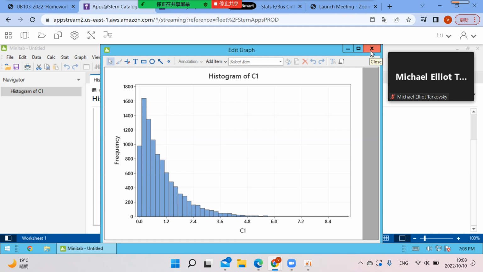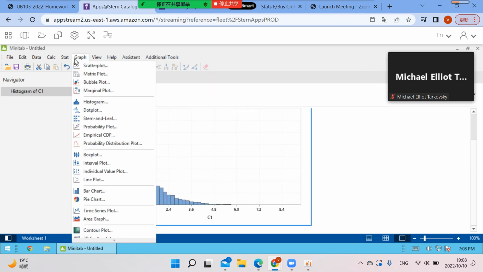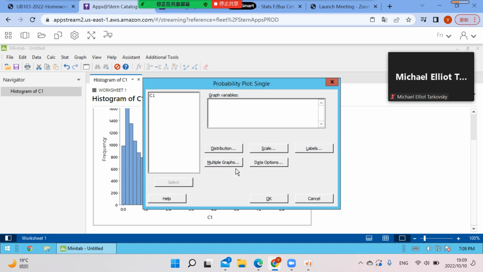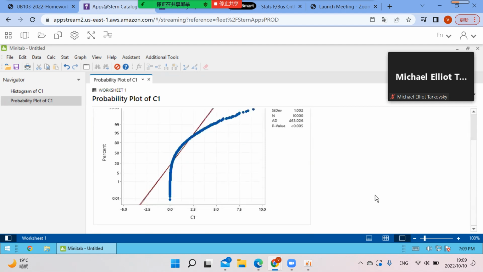Then I'm gonna plot a QQ plot. I think it's the probability plot. Yeah, here it is.